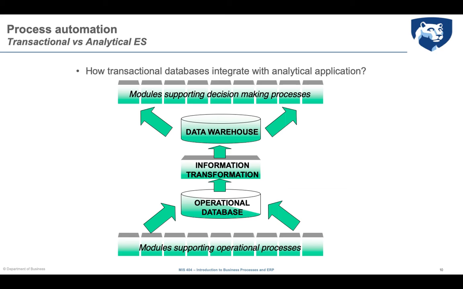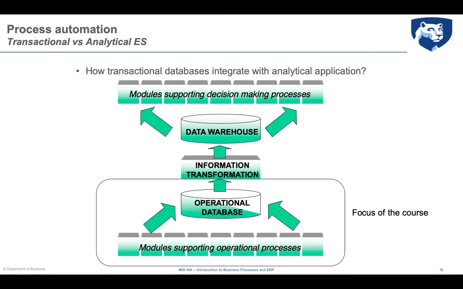For this course, business process management with ERP, we are dealing with enterprise resource planning systems, which are focused on operational databases. So this course deals with information systems that support the execution of operational processes, and we will analyze the characteristics of data and databases that come from the execution of these transactional processes.